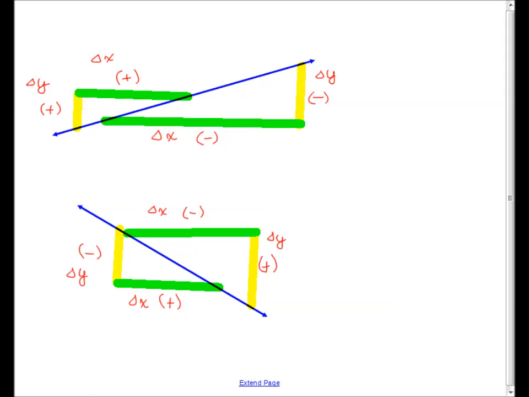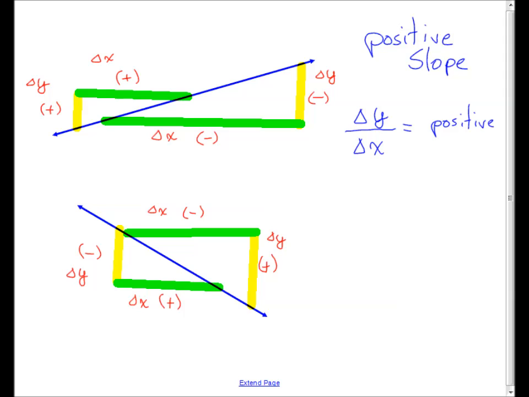To sum up then, any line that rises from left to right is going to have a positive slope, because the change in y and the change in x, delta y and delta x, will always have the same sign, so their ratio will always end up being positive.